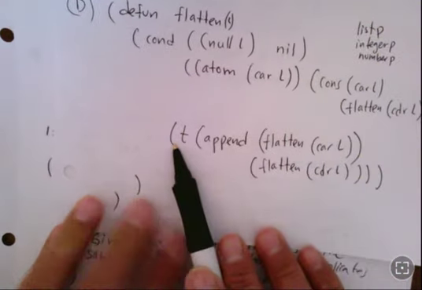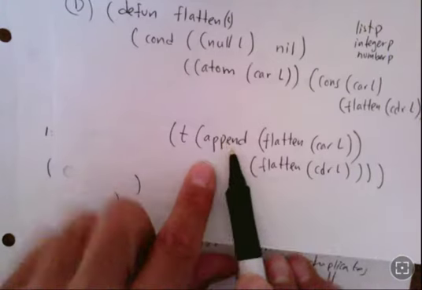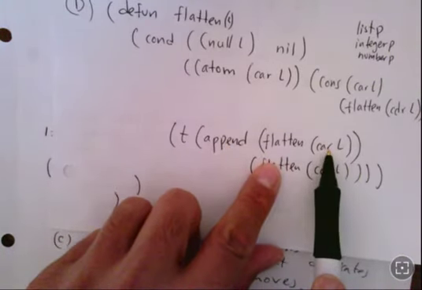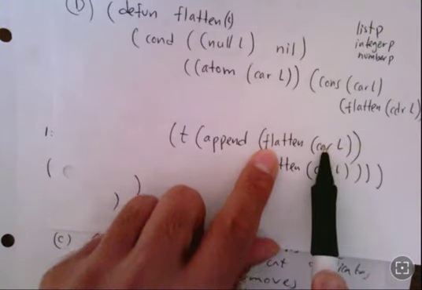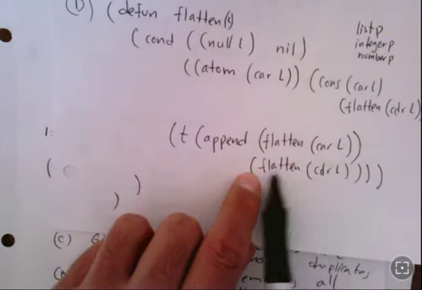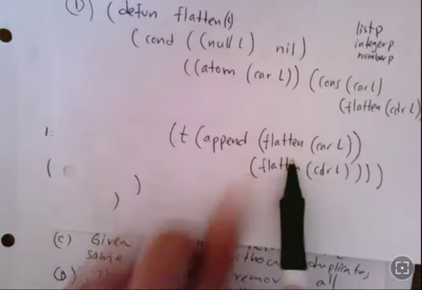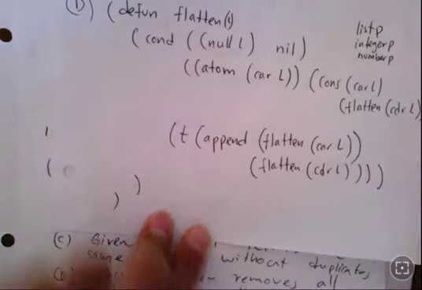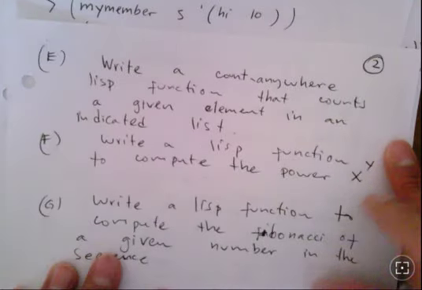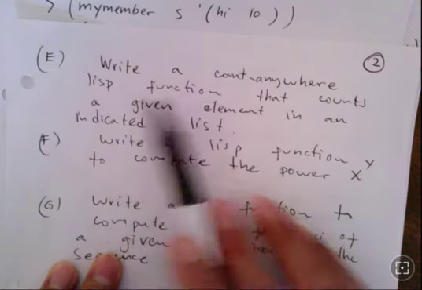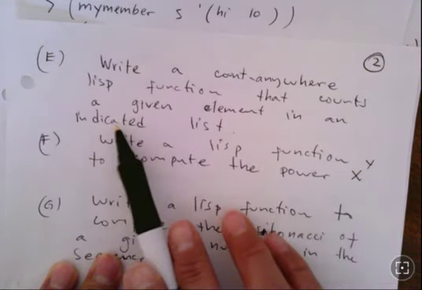In that case, we're going to concatenate the two lists. So first, we need to remove the parentheses from that element, along with the removal of the parentheses of the rest of the list, and then we'll append those, and that will be my answer.